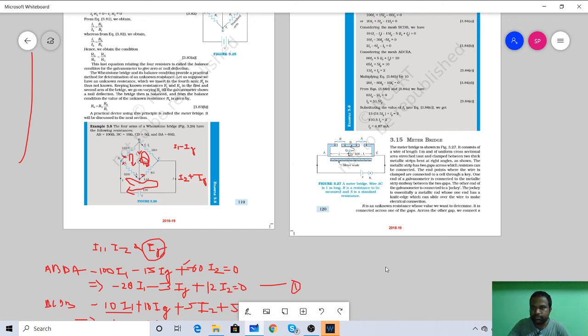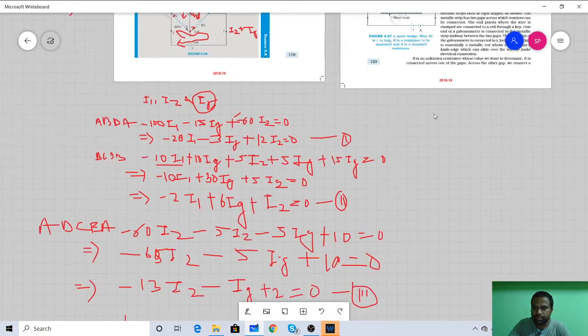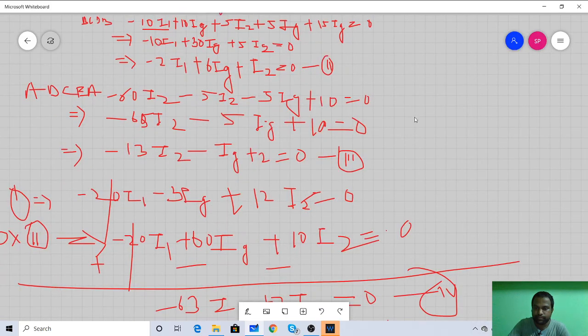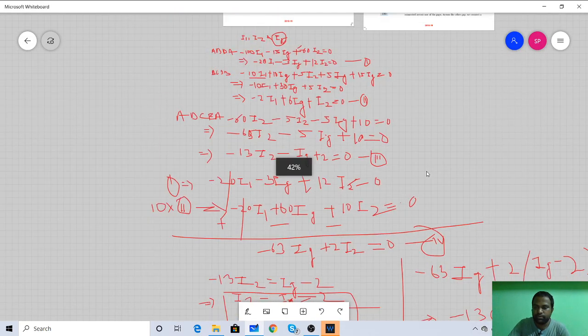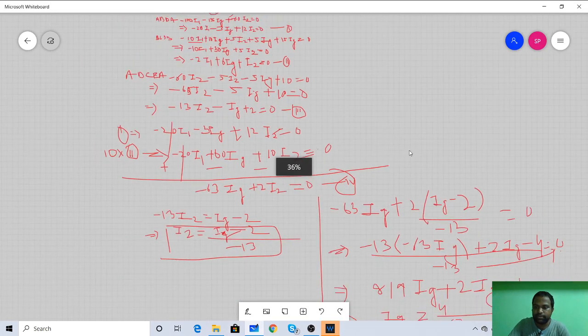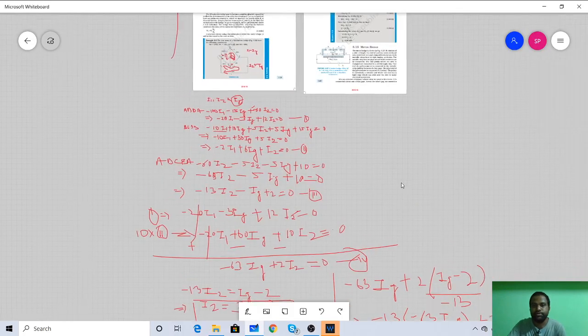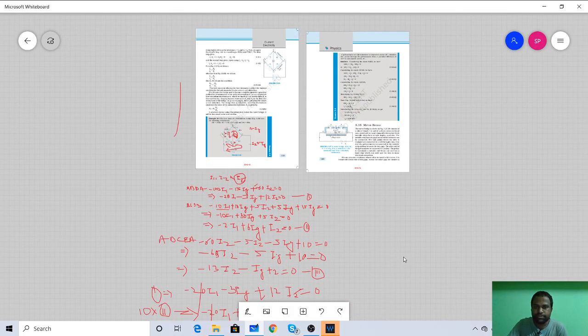You can solve by solving the three equations. So this is one application. In this example we discussed the application of Kirchhoff's law in a Wheatstone bridge.